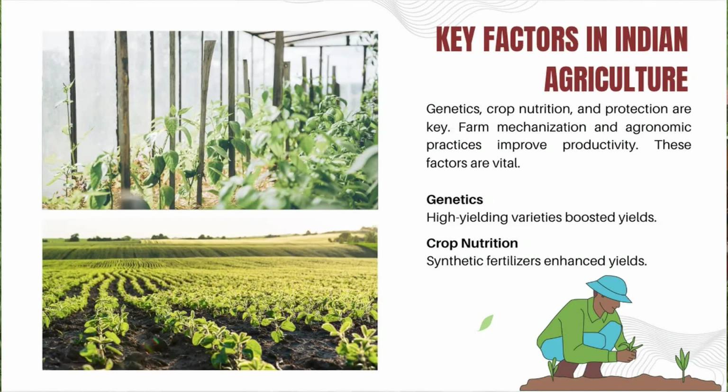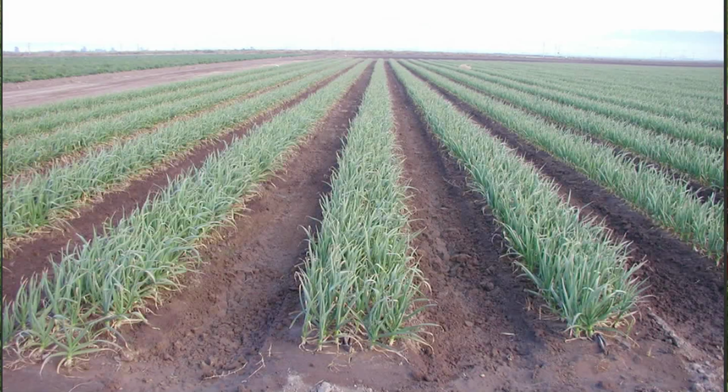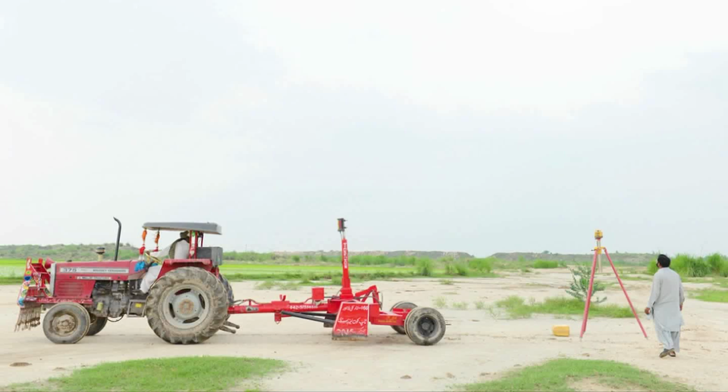Crop protection means pesticides, herbicides and insecticides, which minimize the losses from various pathogens, diseases, insects, weeds and maximize the genetic potential. Then the next is farm mechanization and agronomic practices. This includes tractors, drip irrigation, laser land levelers and intercropping, which improve the productivity as well as resource use.